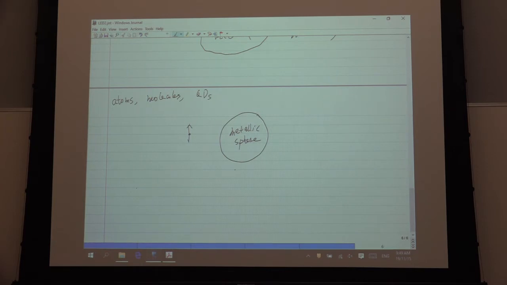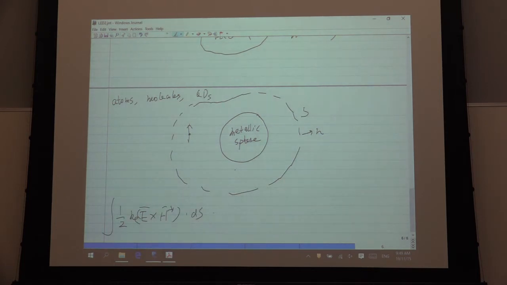They said the emission power has a closed surface S, with normal N here: 1 over 2 real part of E cross H conjugate dot dS.